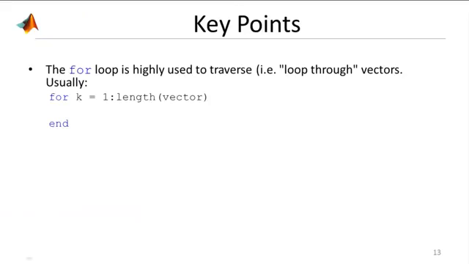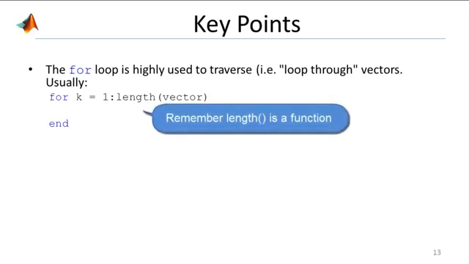So let's conclude. The for loop is usually the one that is used to traverse vectors. The while loop can be used, but notice how everything in the for loop is set up perfectly. We tend to go from 1 to the length of the vector. Today we had to tweak the length because we didn't want to go overboard.